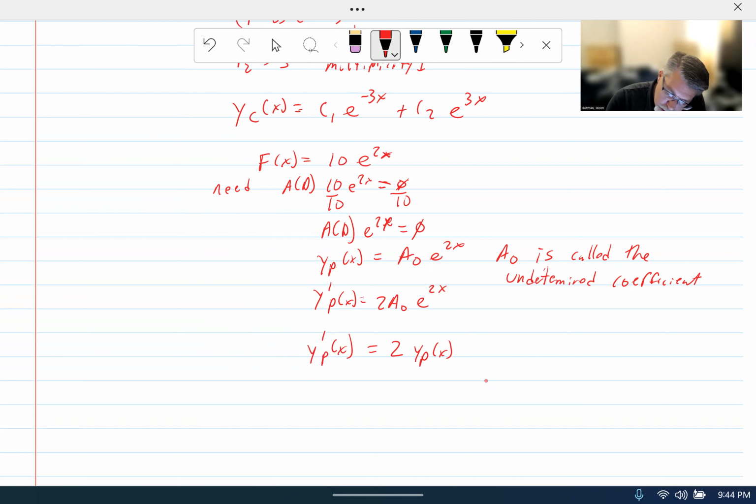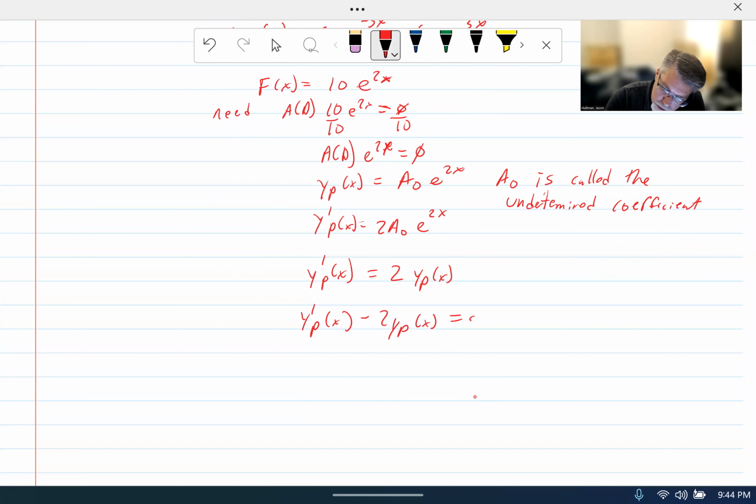If I toss that to the other side, I get yp prime of x minus 2yp of x is equal to 0. Then I can rewrite this using my differential operator as (D minus 2) yp of x is equal to 0.